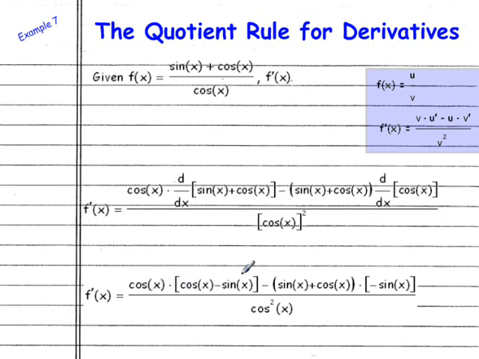So it's very important that we show this in some kind of grouping symbol, at least parentheses. But I stick with my routine that when I have a step that has an intermediate derivative in it, I show the result of that derivative in brackets, and that helps me know where that came from later on. Okay, now we subtract the sine x plus cosine x times the derivative of cosine x, which is negative sine x. So that's the result we have here.